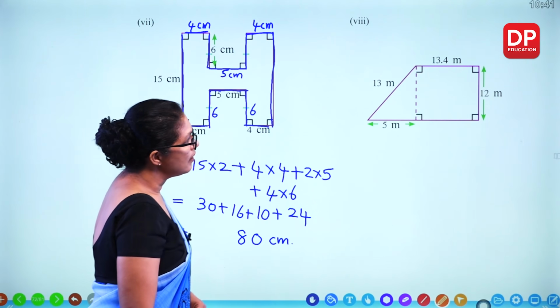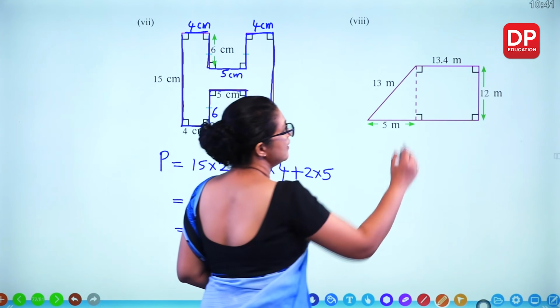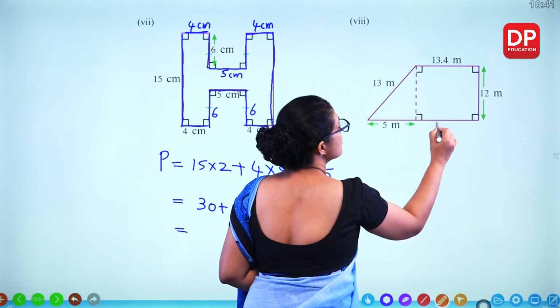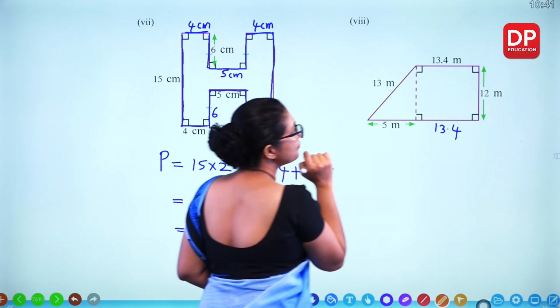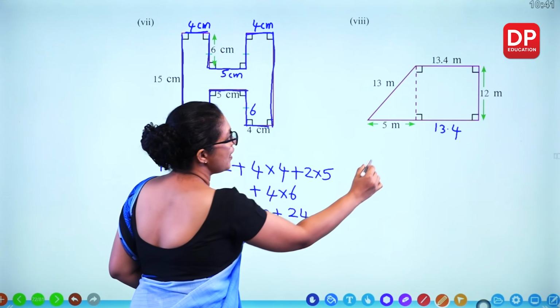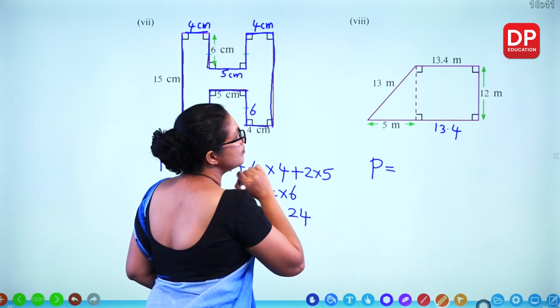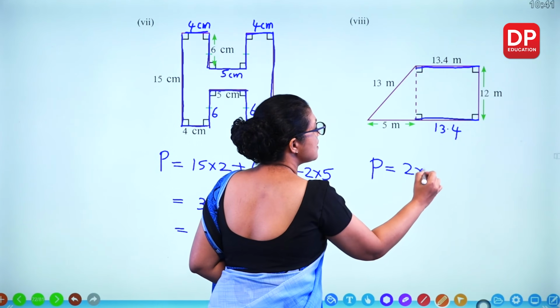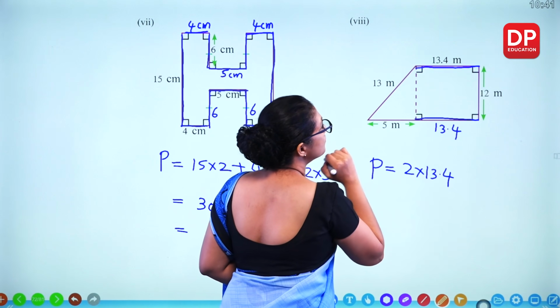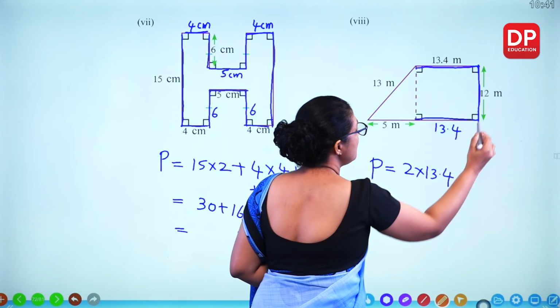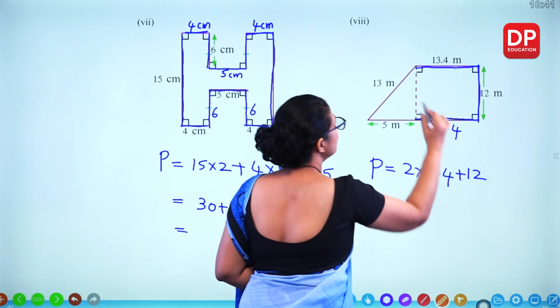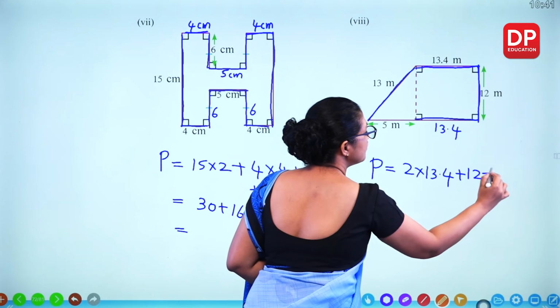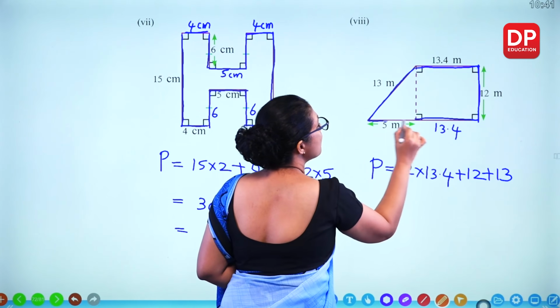This is a trapezium. You have given all lengths here. This is same as this. So this is 13.4. Now you can find the perimeter. 13.4, 2 times. This is 12, 13 and 5 here.